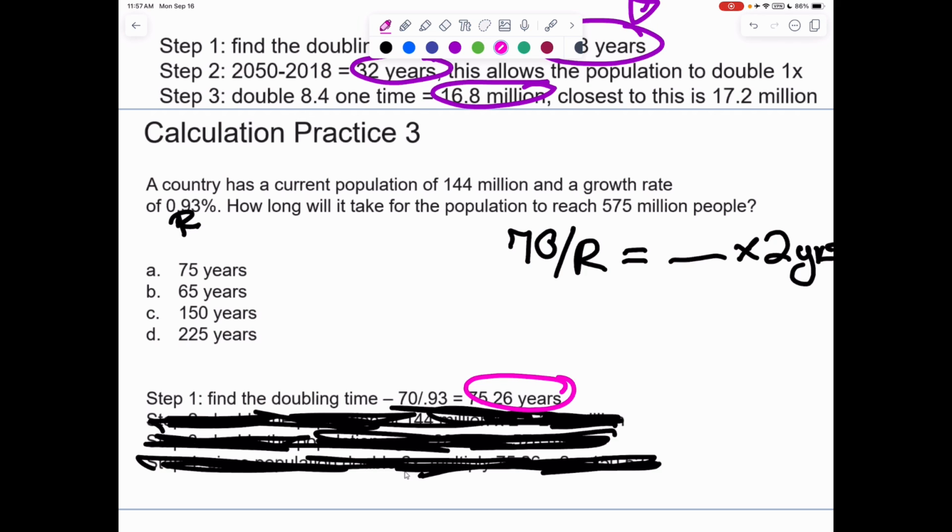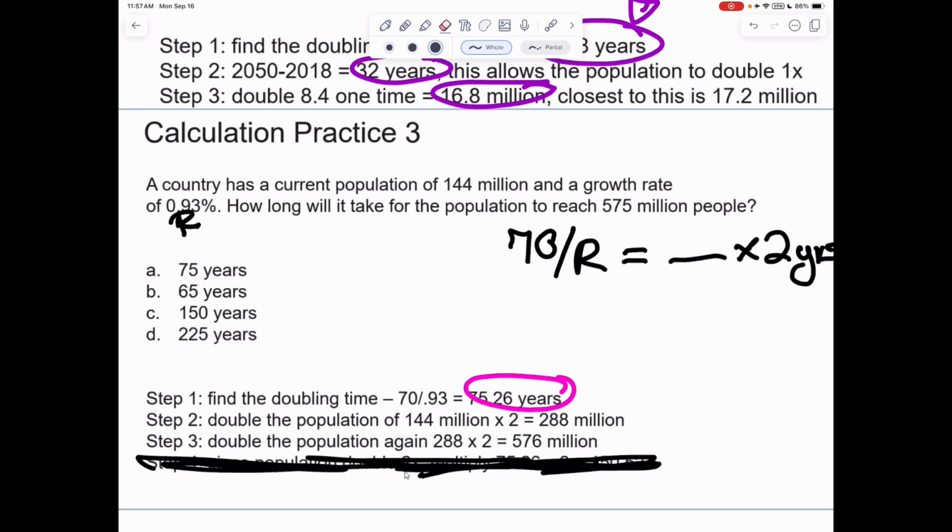Well, if I double this population, I'm going to get a value that is 288 million. That's not what I'm looking for. I'm looking for 575 million. Well, what if we double it again? Very important, we're not going to add 144 to it. No, we're going to take 288 times 2, because that's what doubling is.